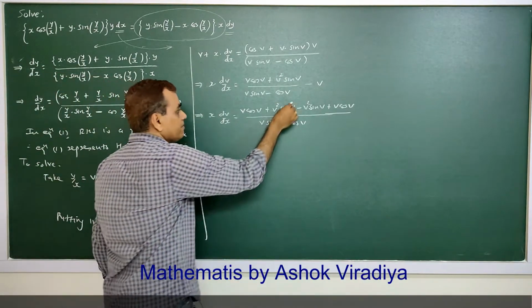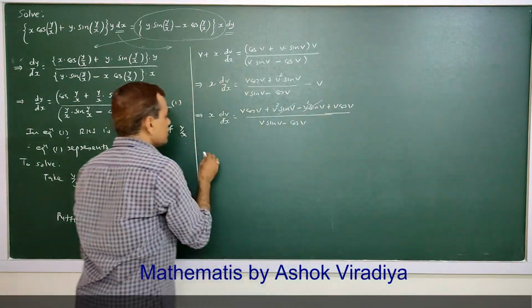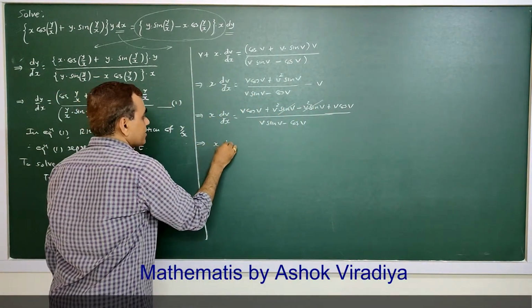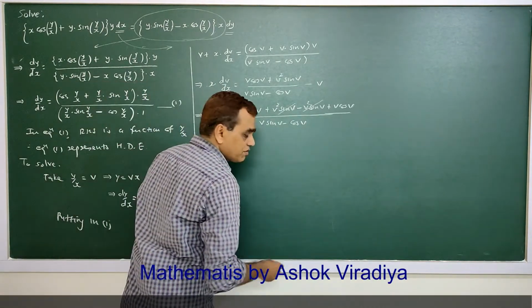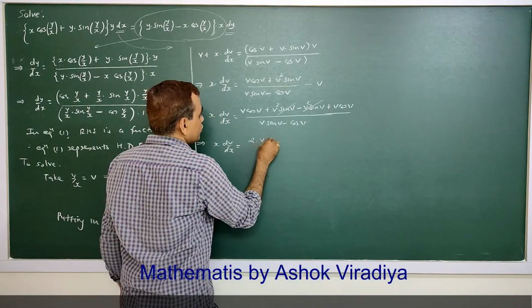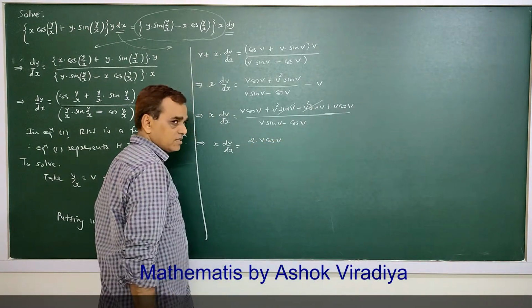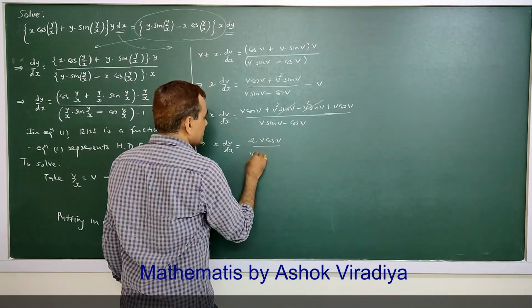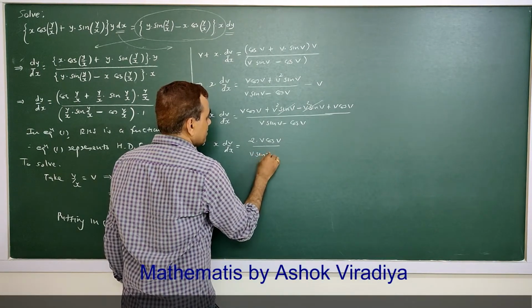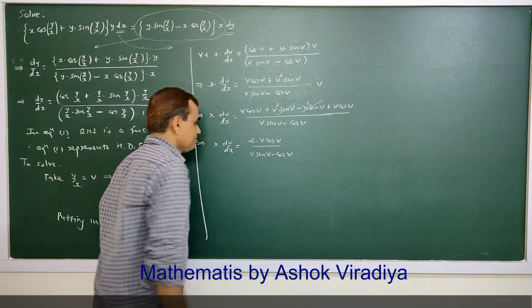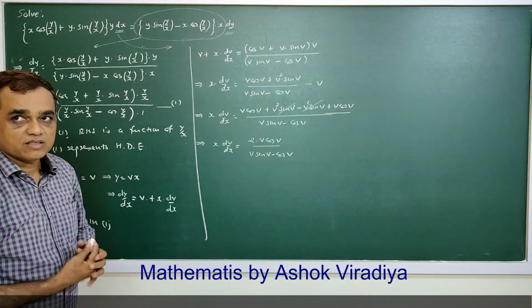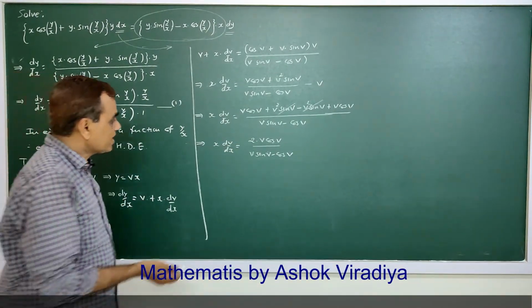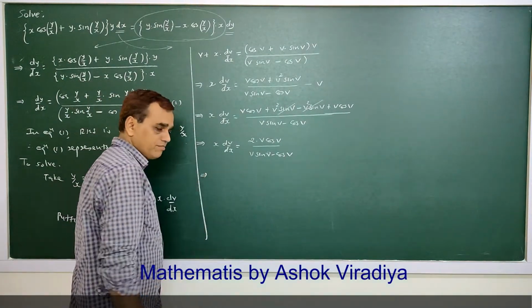So this will be cancelled. Therefore x into dv by dx is v cos v plus v cos v, which is 2v cos v, upon v sin v minus cos v. This is the simplest form of the right hand side. Now this can be converted into variable separable form.